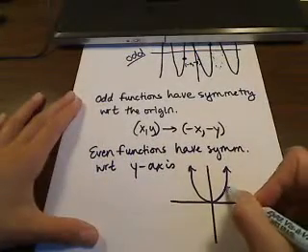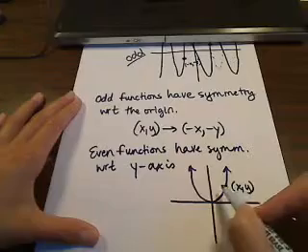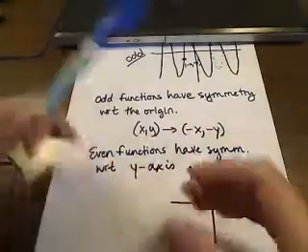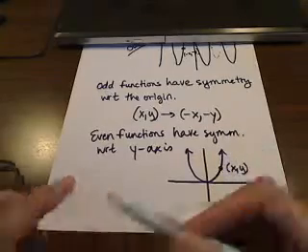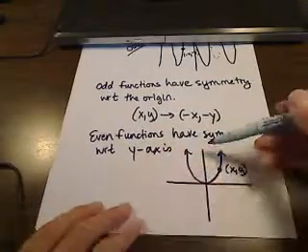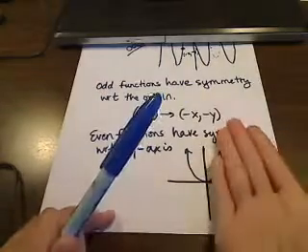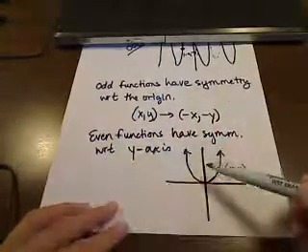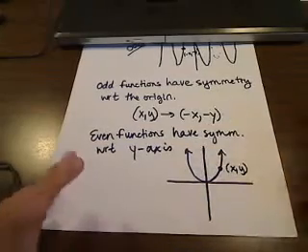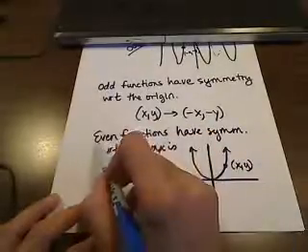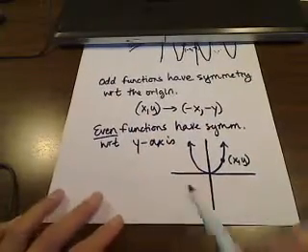So you can see here if I've got some point x, y, and then I take this arm of the parabola and fold it over my y-axis, just kind of taking half of my paper and folding it over, this half of the parabola would map onto this half of the parabola. That's symmetry with respect to the y-axis. So if we have that type of symmetry, that tells us we have an even function.